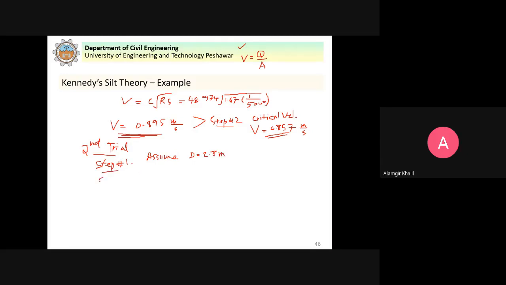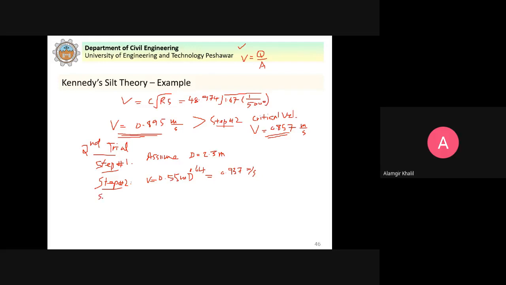Step number 2 is we apply the Kennedy equation and calculate the critical velocity. V is equal to 0.55 into critical velocity ratio into depth, power 0.64. So just put the values directly, and we will get this critical velocity as equal to 0.937 meter per second.